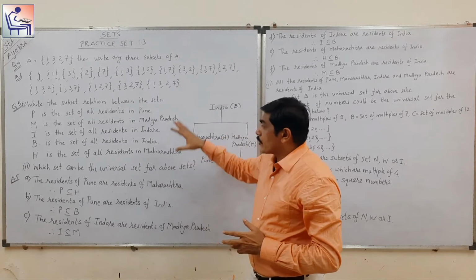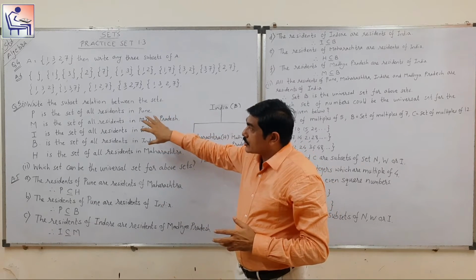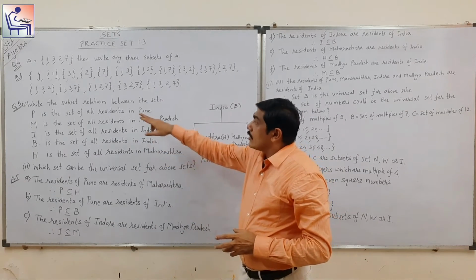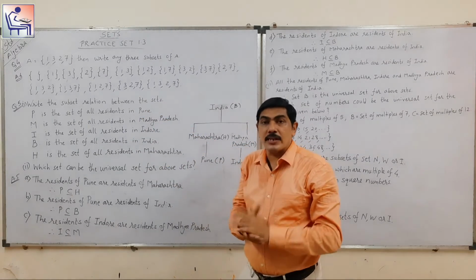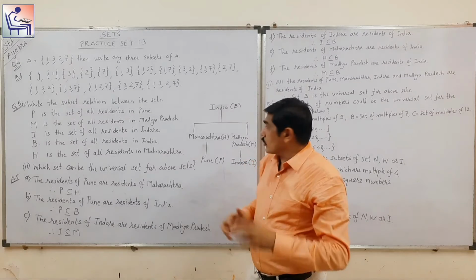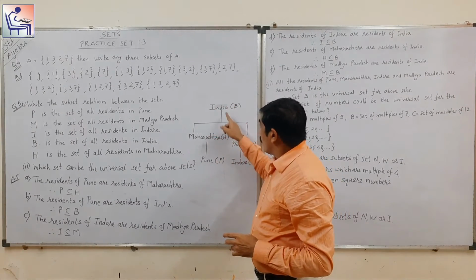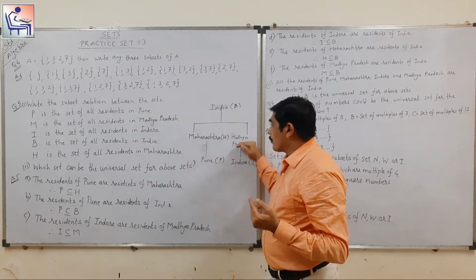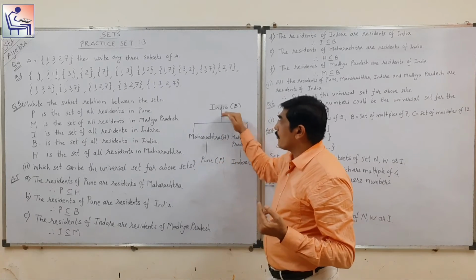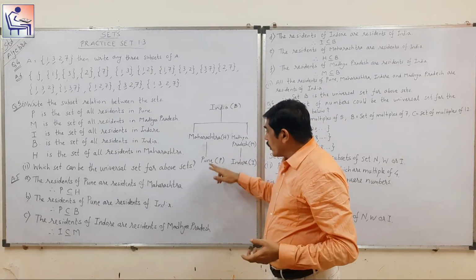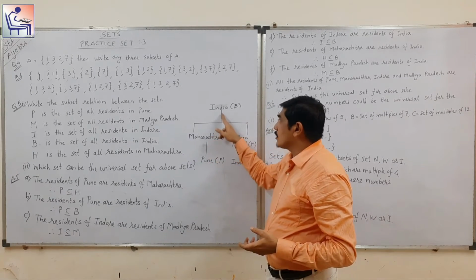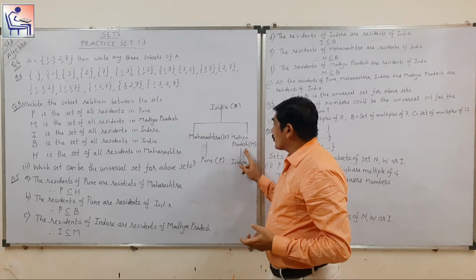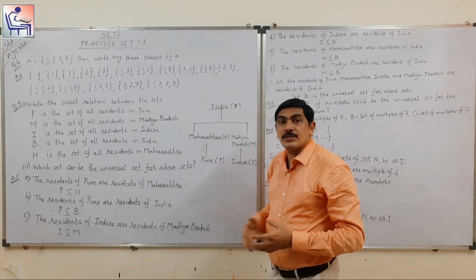Now, here we have to say the subset relation between the sets. As you know, here we can say Maharashtra and Madhya Pradesh are subsets of India, and Pune is a subset of Maharashtra as well as India, and Indore is a subset of Madhya Pradesh as well as India.